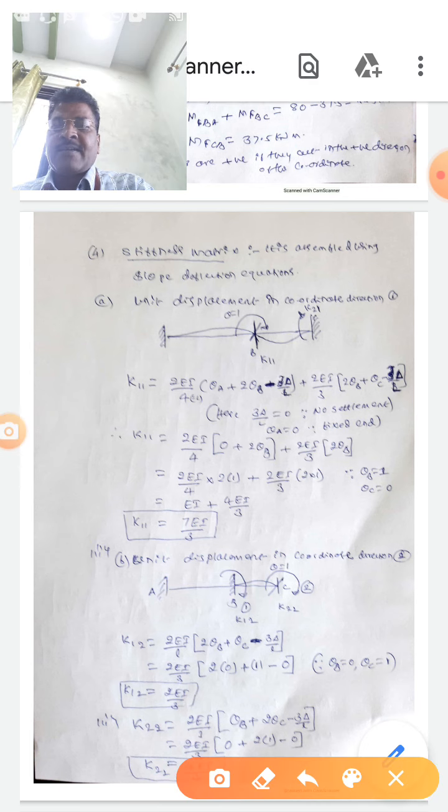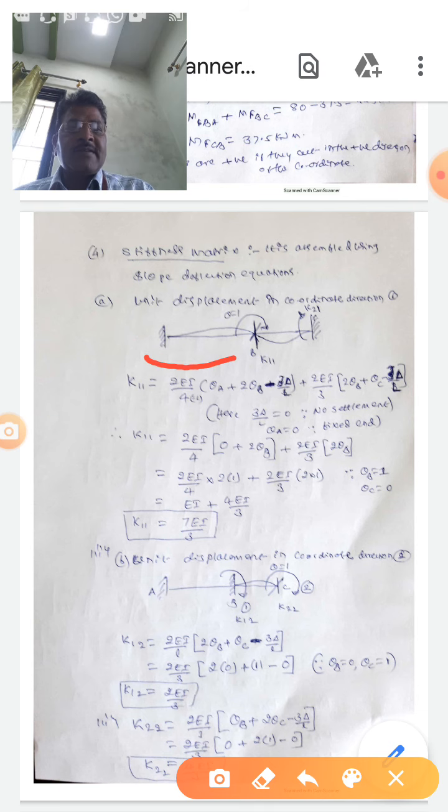The stiffness at coordinate 1 is denoted as K11. That means the unit displacement at coordinate 1 gives K11, and K21 is the effect at coordinate 2 due to unit displacement at coordinate 1.